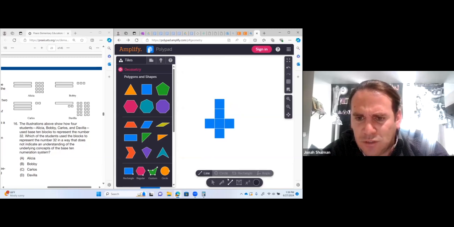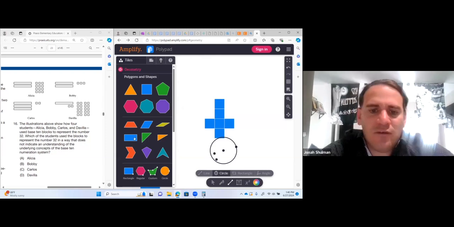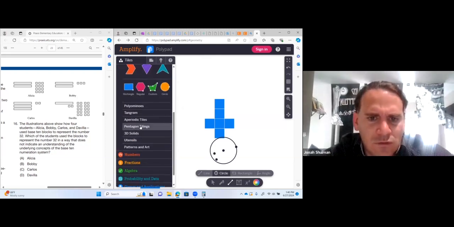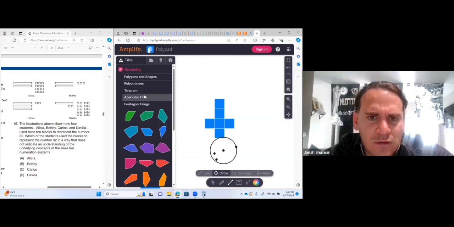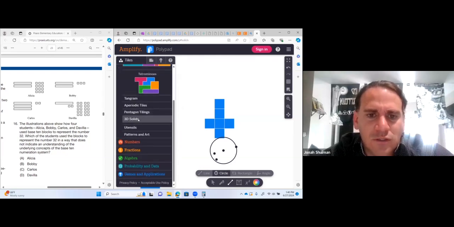Text block construction tools. Let's just make it circles. You can change colors. Well, I can't really find it, but basically they have blocks. I'm sure they have this one too. Pentagonal tiles, the tangram. Oh, here's the 3D solids.